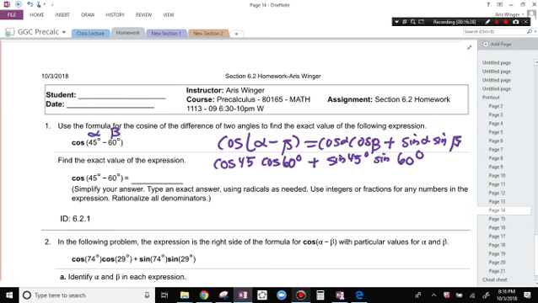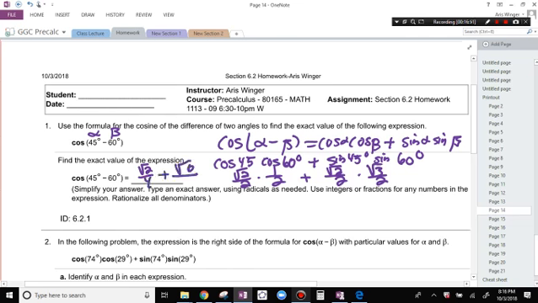When you go to the circle, cosine 45 degrees is square root of 2 over 2. Cosine of 60 is 1/2. Sine of 45 is the square root of 2 over 2. And the sine of 60 is the square root of 3 over 2. Right? So the square root of 2 over 2 times 1/2: the square root of 2 times 1 is the square root of 2, 2 times 2 is 4. Plus, the square root of 2 times the square root of 3 is the square root of 6, and 2 times 2 is 4.